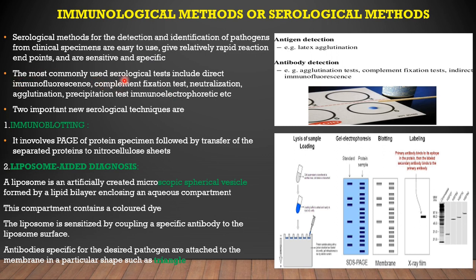The most commonly used serological tests include direct immunofluorescence, complement fixation test, neutralization, agglutination, precipitation test, and immunoelectrophoresis, etc. Nowadays, monoclonal antibodies are especially used in some of these techniques.